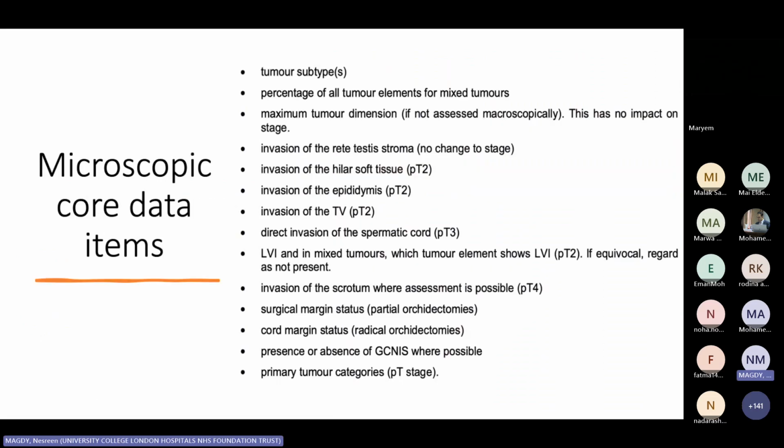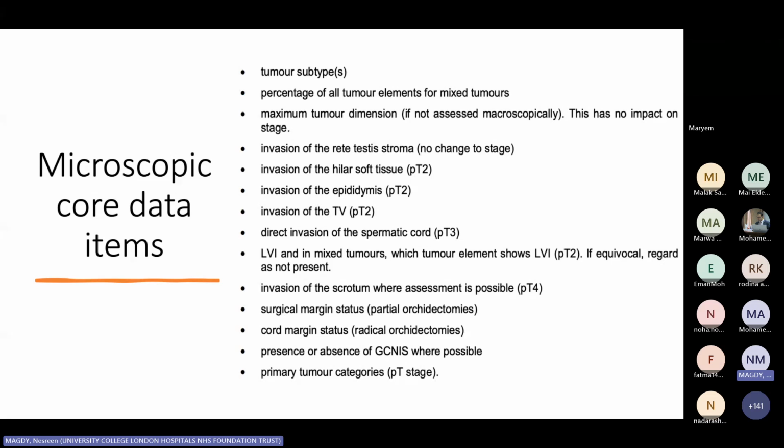And here is a summary of the microscopic data items: the tumor subtype, the percentage of tumor elements in mixed germ cell tumors, the maximum dimension of the tumor, invasion of the rete, hilar soft tissue, epididymis, and tunica vaginalis. These are all staged as stage 2, apart from the rete. This does not change the stage.